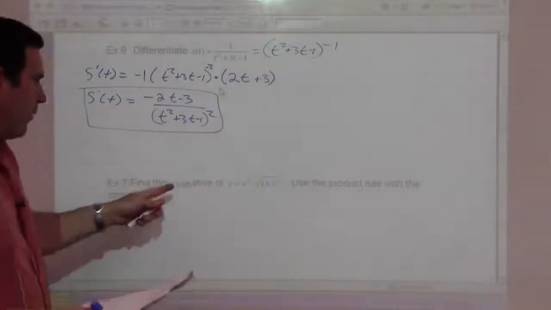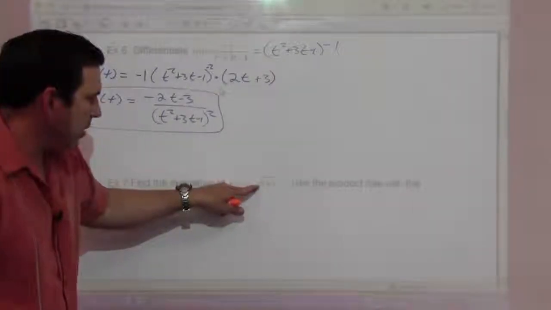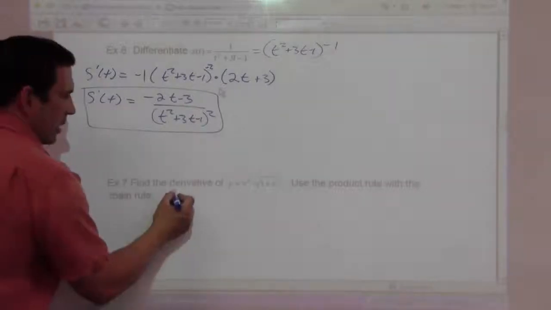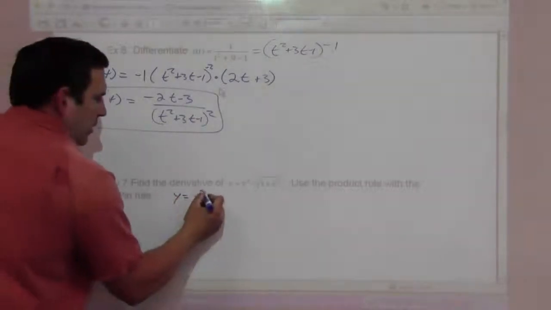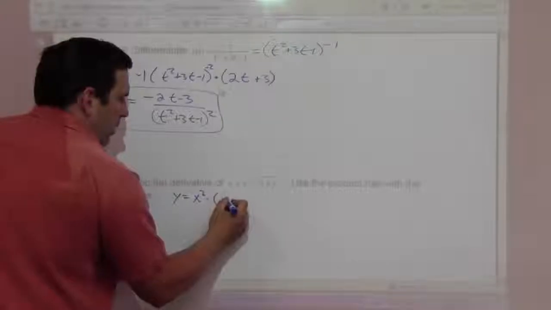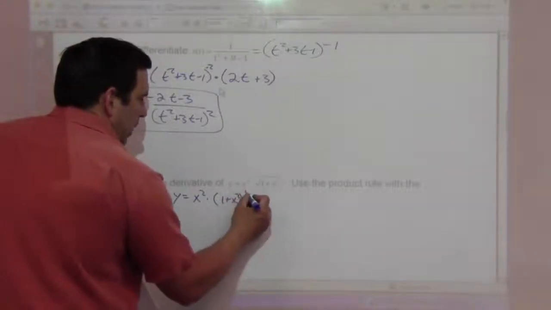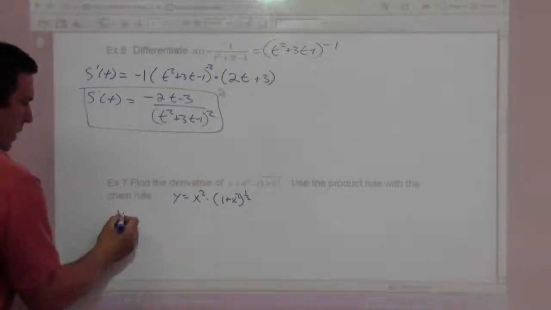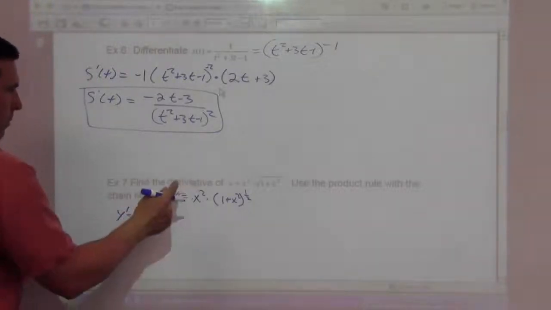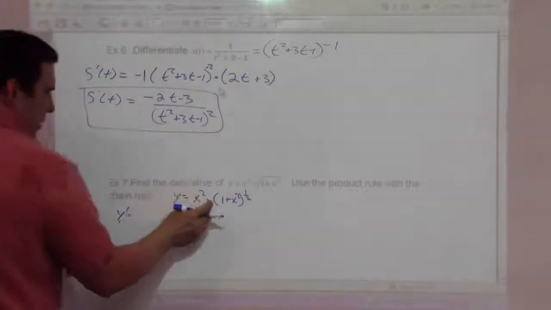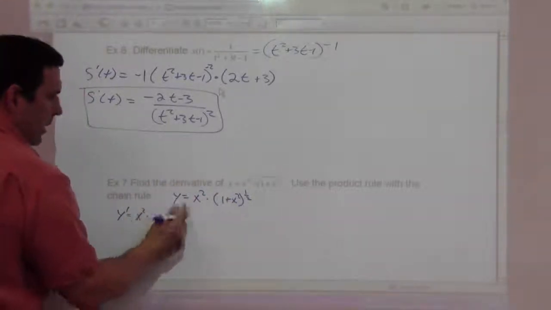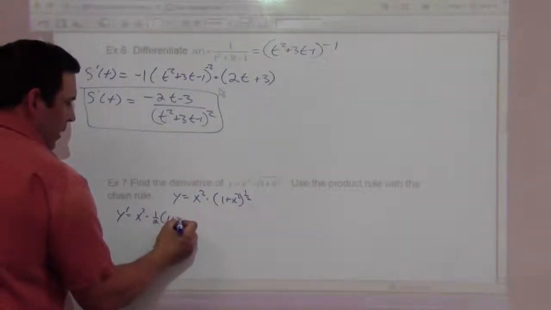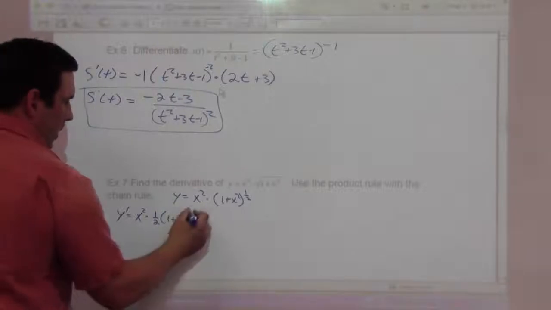Okay, now we're going to find the derivative of y equals x squared times the square root of 1 plus x squared. Use a product rule with the chain rule, it says. Think of this as y equals x squared times 1 plus x squared to the 1/2 power. So y prime is going to be the first thing, x squared, times the derivative of the second thing, which is going to be 1/2 times 1 plus x squared to the negative 1/2.